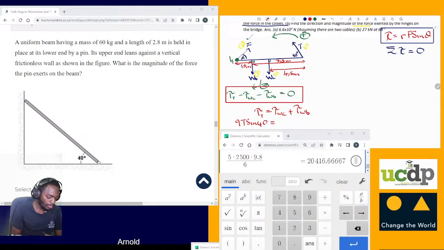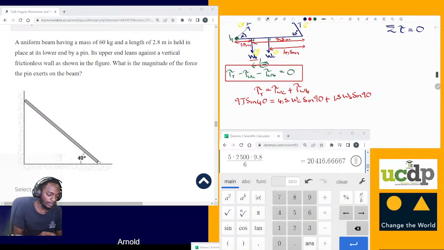the torque due to the weight of the car, and the distance from there to the pivot is 4.5, times the weight of the car, sine 90, because the angle is 90, plus the weight of the bridge, which is this one, and it's 1.5 meters, 1.5 times WB sine 90.